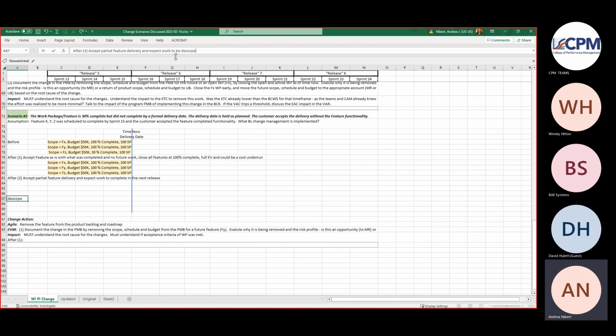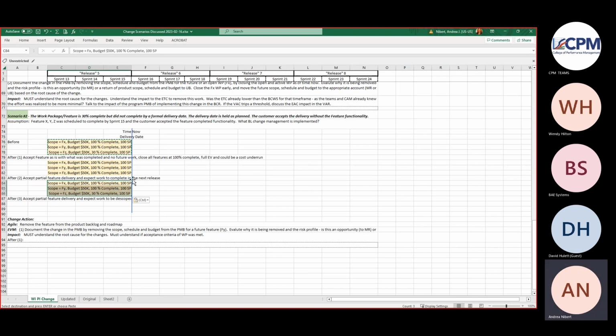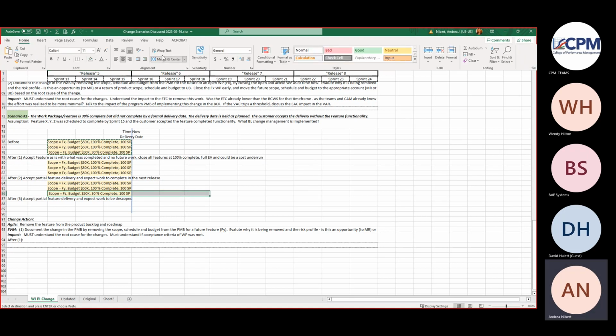I think these are really the three options that we are talking about. Okay, so let's tease this one out. So, and expect work to be completed in the next release, I would almost just extend from a forecast perspective.